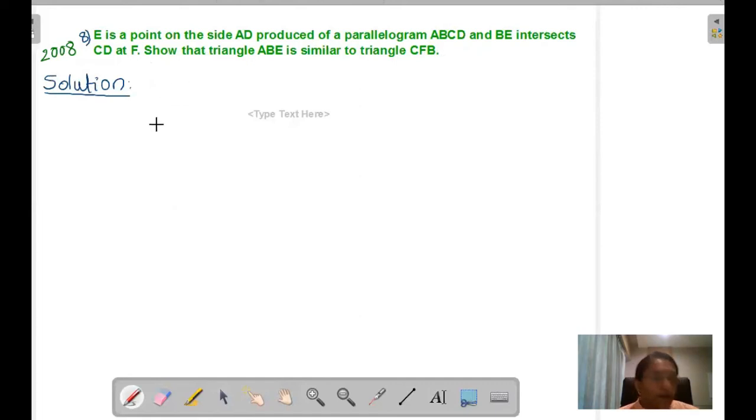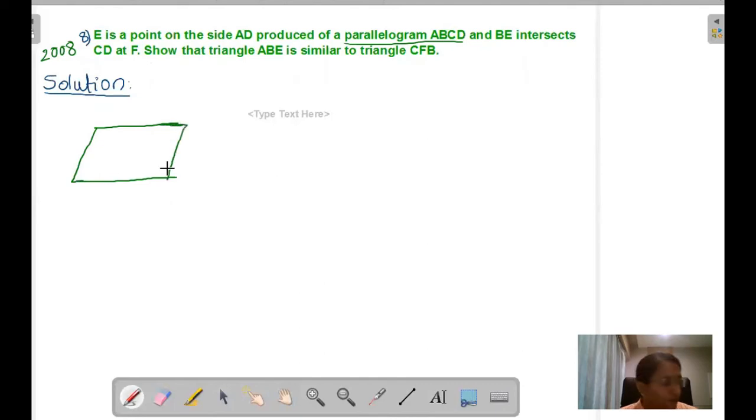Okay, so here first we'll draw the figure. What is given here? One parallelogram ABCD is there. So let us draw one parallelogram. You know parallelogram means opposite sides are equal and parallel to each other. It is a quadrilateral.